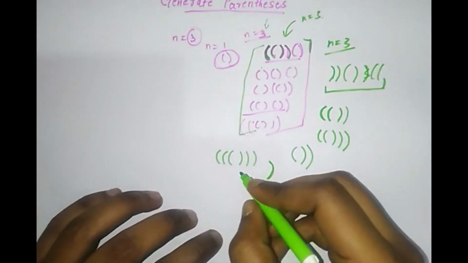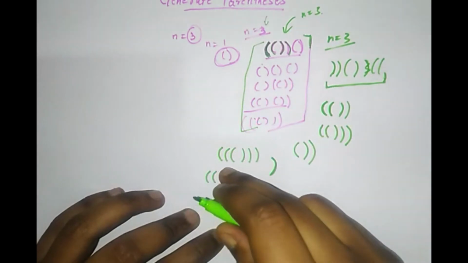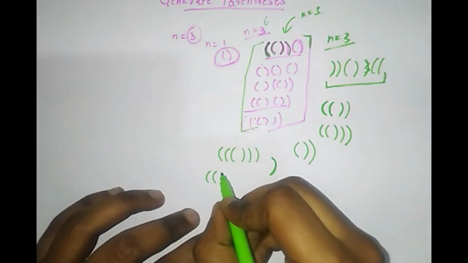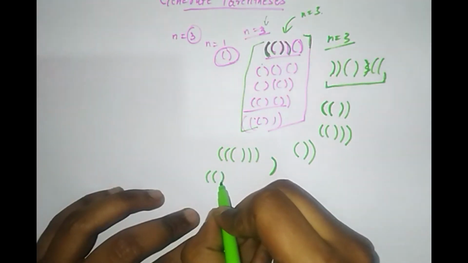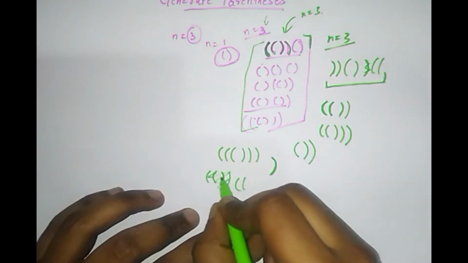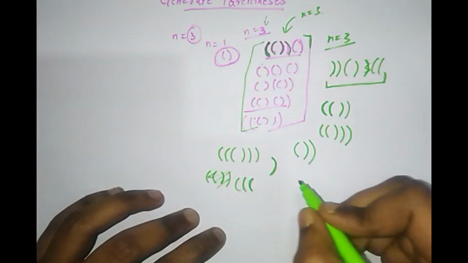If we have 2 opening brackets, then we can have 2 or fewer closing brackets. So we can have one closing bracket, or 2 closing brackets, or 0 closing brackets and 1 more opening bracket.